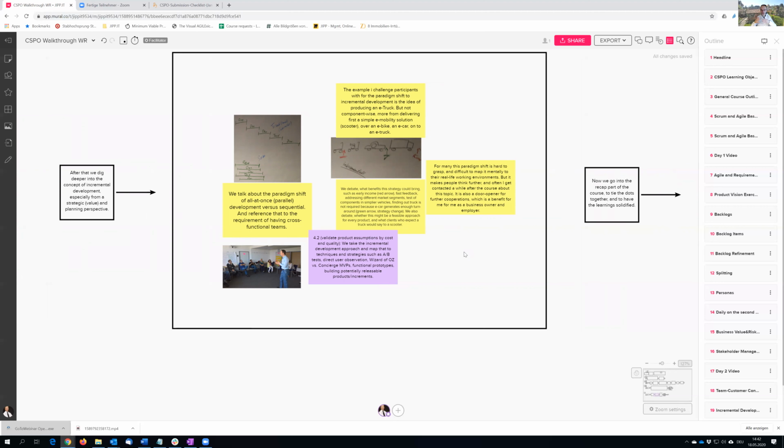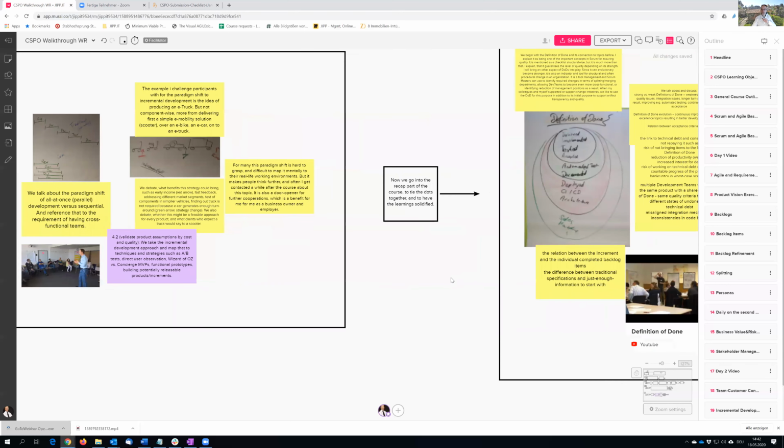I make it very clear throughout the course that there are some paradigm shifts where we start to think out of the box, and sometimes by 180 degrees we need to turn our idea of approaching something around. So it's really a mindset shift, a paradigm shift, and this is one of them as well. In incremental development, it's not just for the development per se, but also for the strategic aspect behind that, so that we can go to a market much earlier than we would have done in a traditional approach, right?